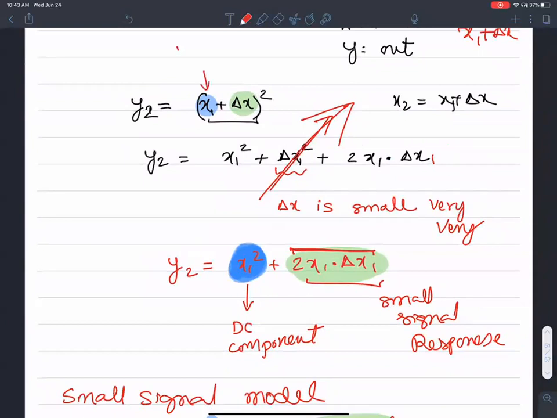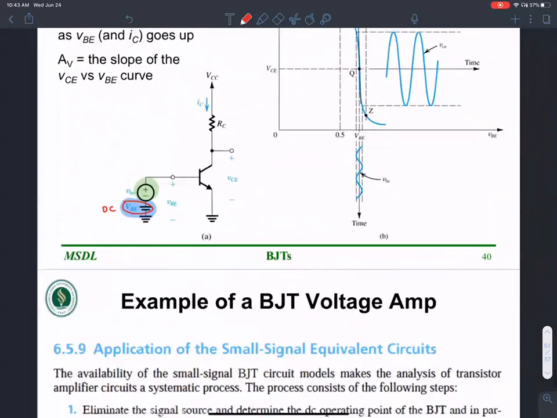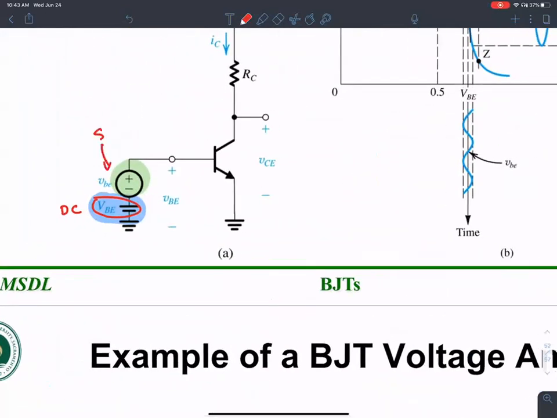So here is capital VBE, and there is this little VBE. Okay, that's exactly what we are doing here. I'm adding a small time varying signal, this guy, on top of a constant DC signal.